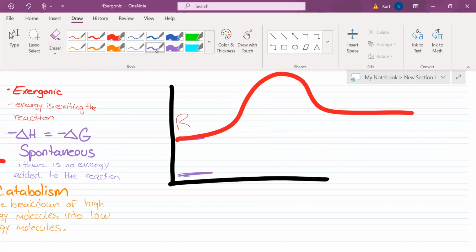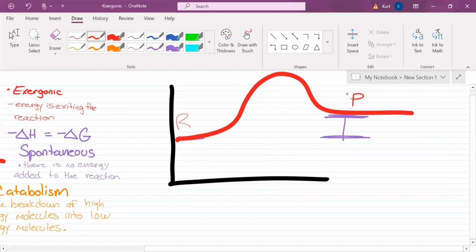That's better. Okay, let's try that again, shall we? Okay, the difference between your reactants and your products is going to be your enthalpy change. And the difference between that energy spike, the activation energy, and your reactants is your energy of activation, EA.